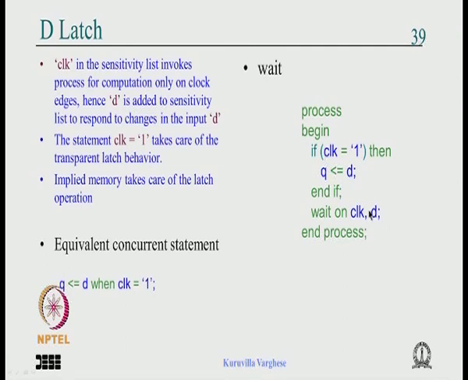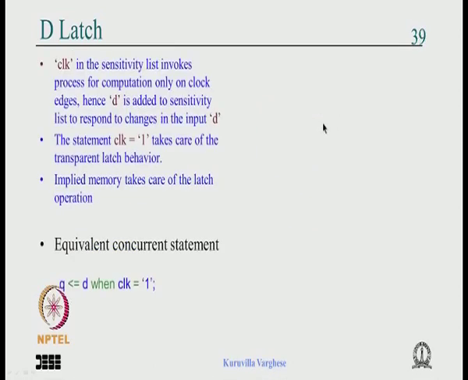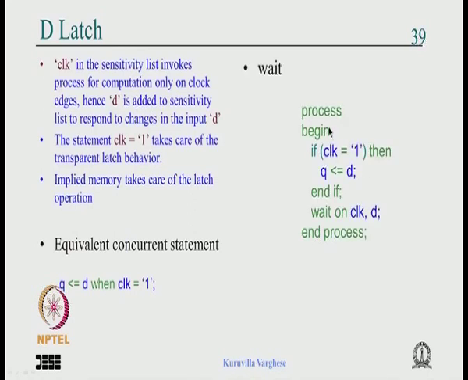Normally when you have a process, at the beginning it computes once, then it waits for an event on these signals. It is similar here: at the beginning it is computed once, then it waits for any event on clock and D. If there is an event on clock or D, it computes once from top to bottom and again waits for an event.